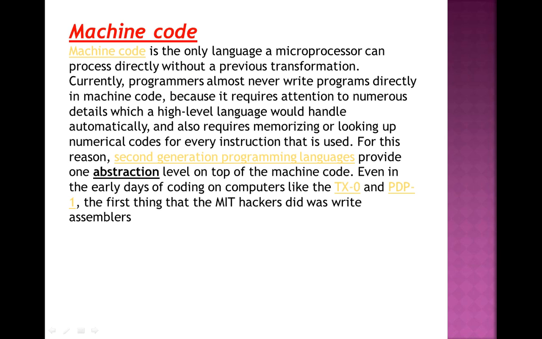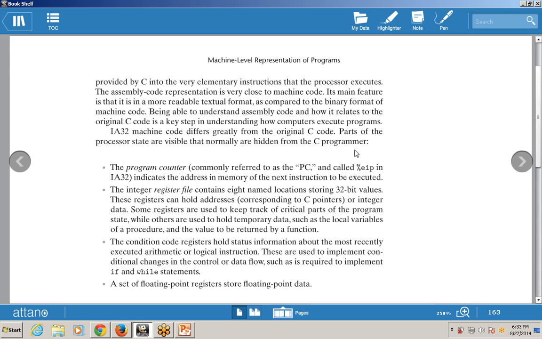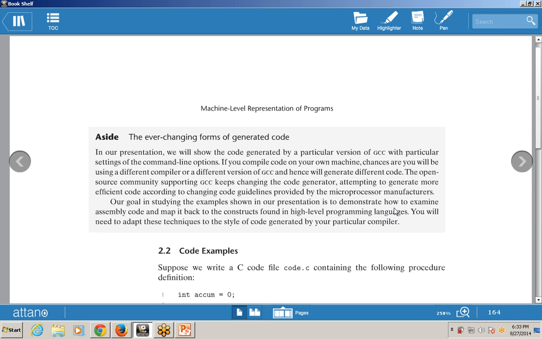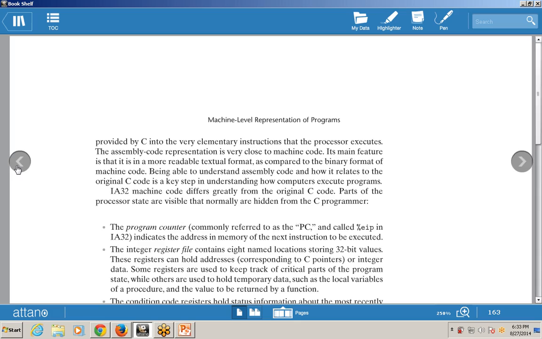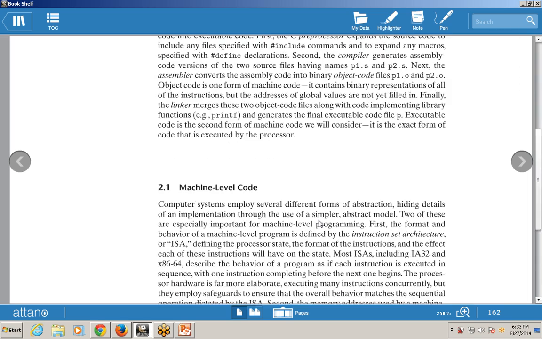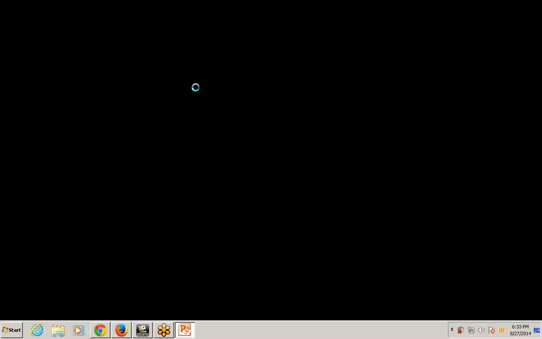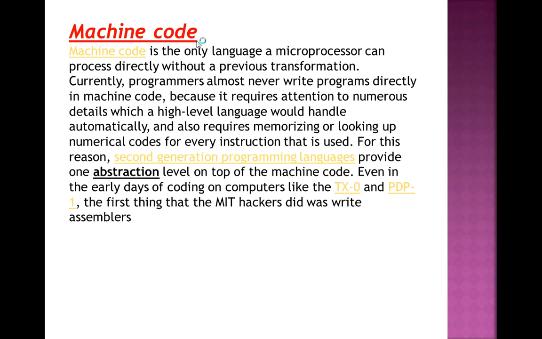Now, the next topic is machine code. But before this, let's look at what is available in the book. First is machine level code, the same as machine code. Machine code is the only language a microprocessor can process directly without a previous transformation.